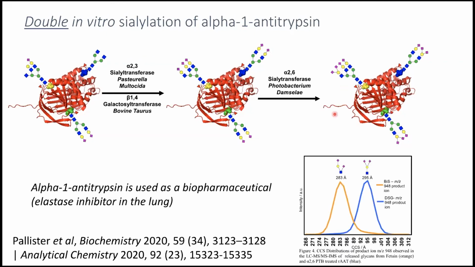The second sialic acid could be on the penultimate N-acetylglucosamine. This is a known structure, where there is a dedicated sialyltransferase which does that. Or it could be what we proposed, this disialylated structure, with sialic acid on the 3 and the 6 arm.